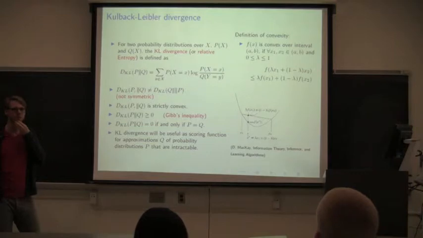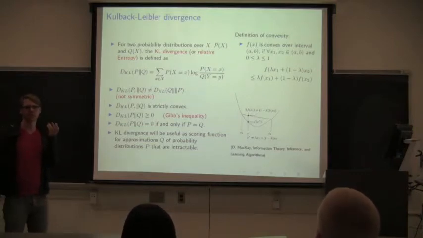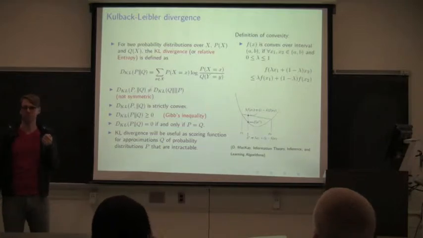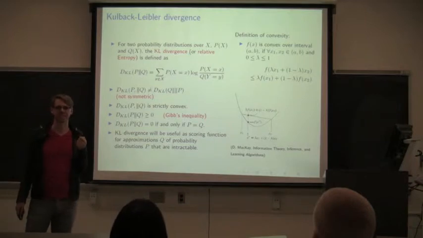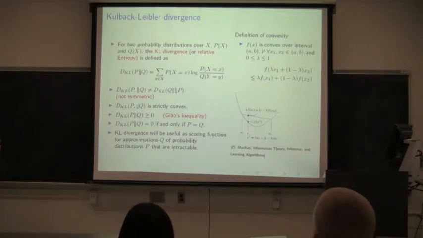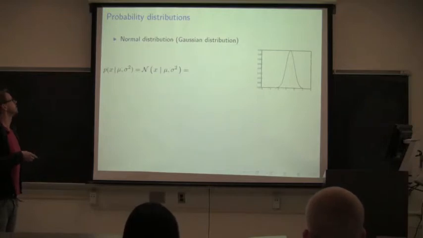We will use it when we come to inference problems. Estimating the mean of a normal distribution was very easy last time, but there will be distributions where it's not that easy. And then this tells us how to approximate a complicated distribution with a simpler one.